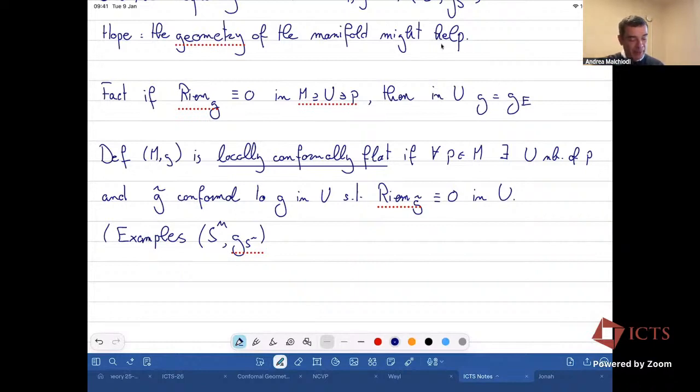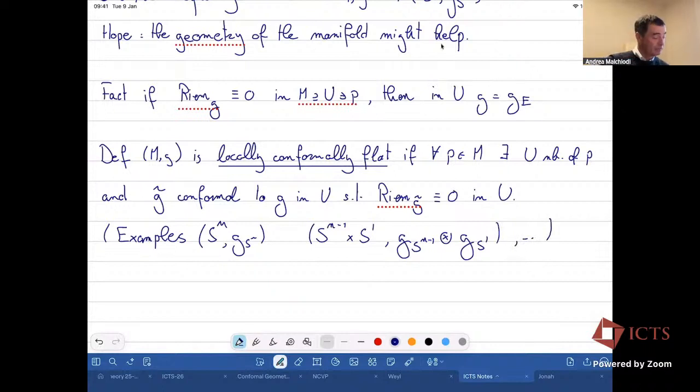Another example is S^{n-1} cross S^1, with a product metric. This is another example, and there are many others.